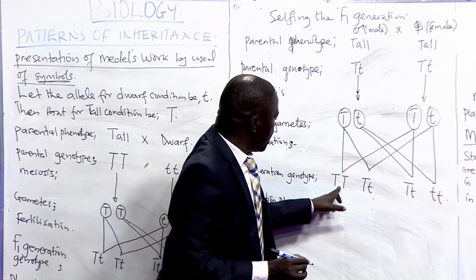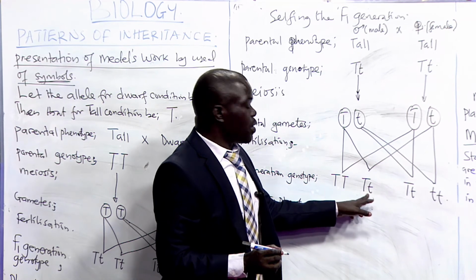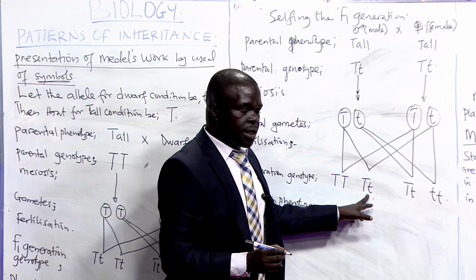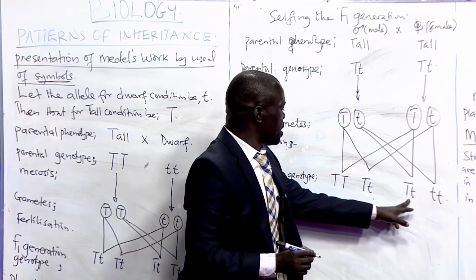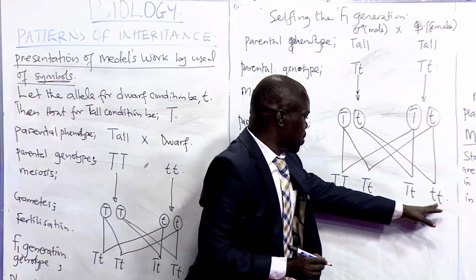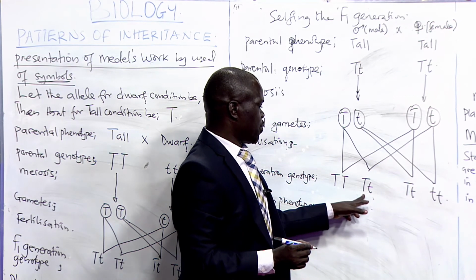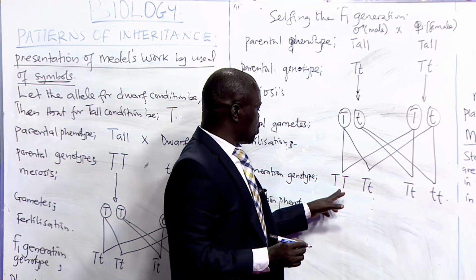Here, this organism is different from this organism. These offspring are two different kinds. These two are the same from the way you see the letters, but this one is far different.